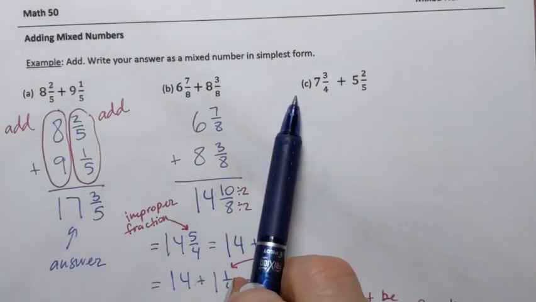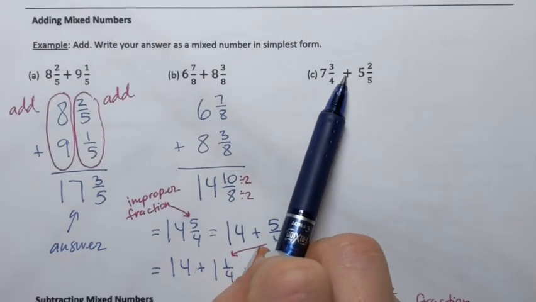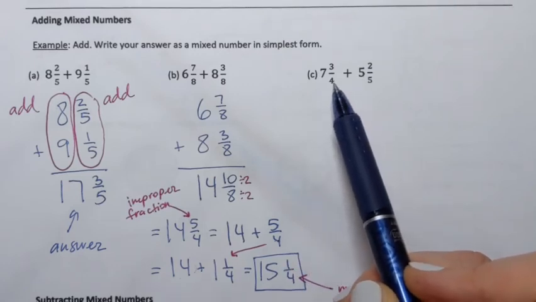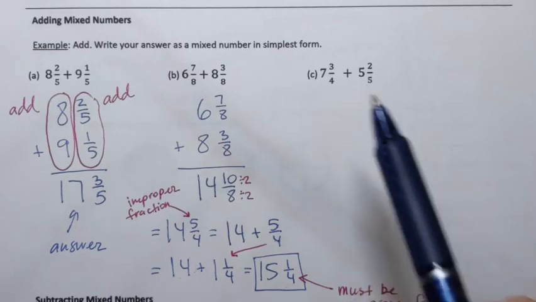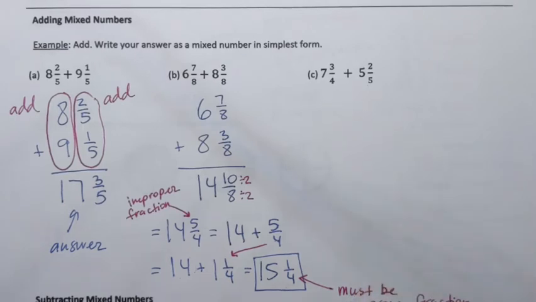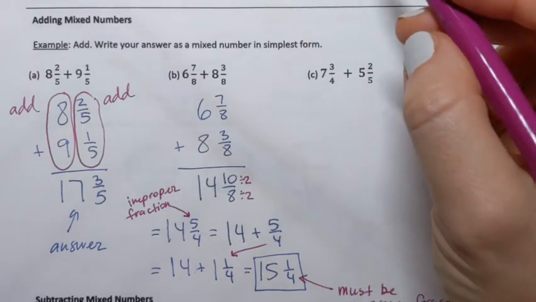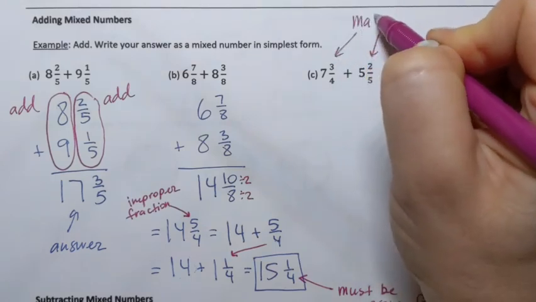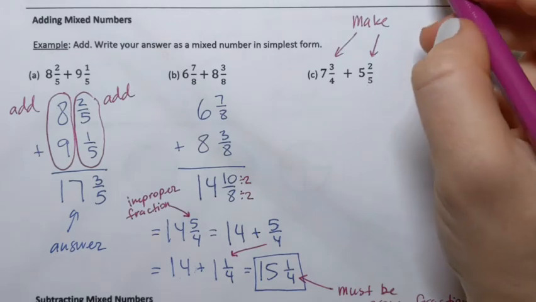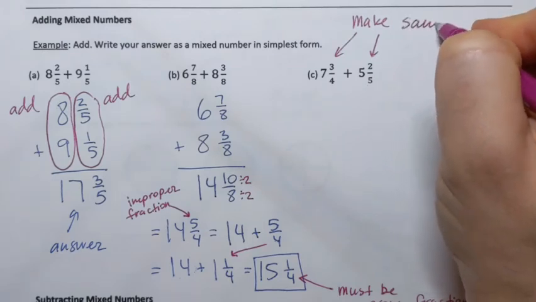And then our last example is over here. We have to add those two mixed numbers, but now as I look at them, I see that the fractions within the mixed numbers don't have the same denominators. So that's something that I will take care of first. I will make same denominators.